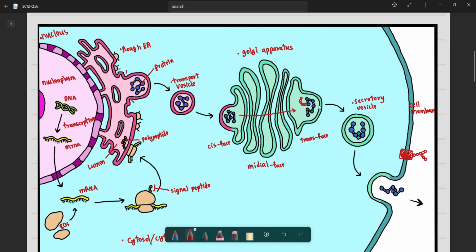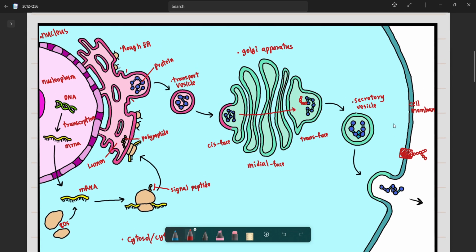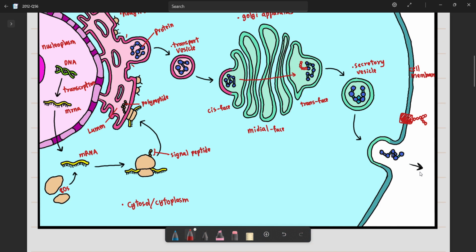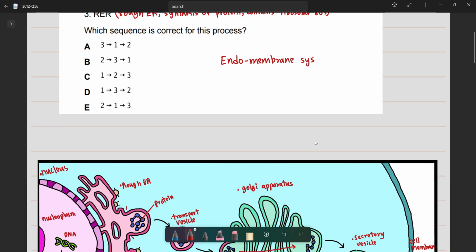Now it is packaged in the secretory vesicle, and depending on the structure, it will be transported to its allocated destination. Since it's a glycoprotein, most likely it will be a part of the cell membrane, or it could be secreted out of the cell. That's it. So this is the entire process of the endomembrane system.